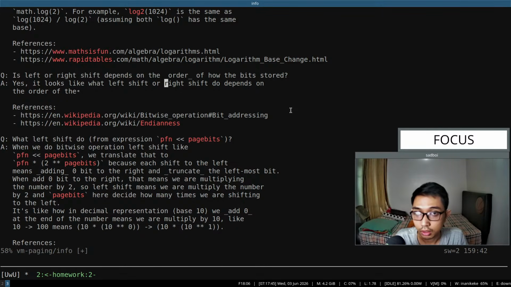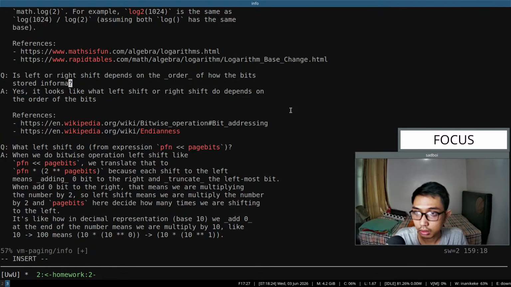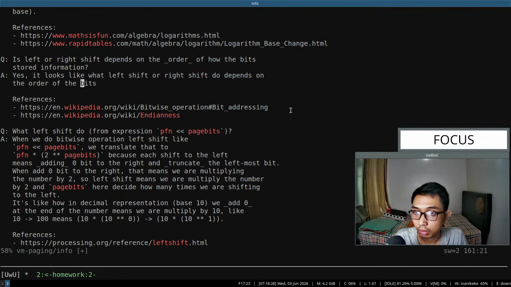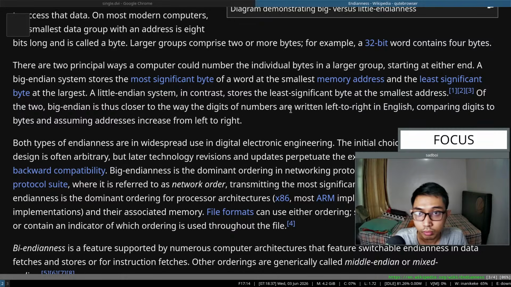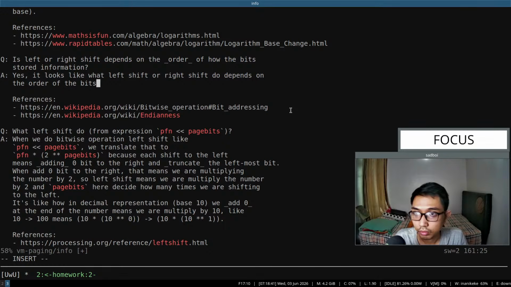The point is the order here, the order of the stored bits, of how the bits store information, maybe something like that.